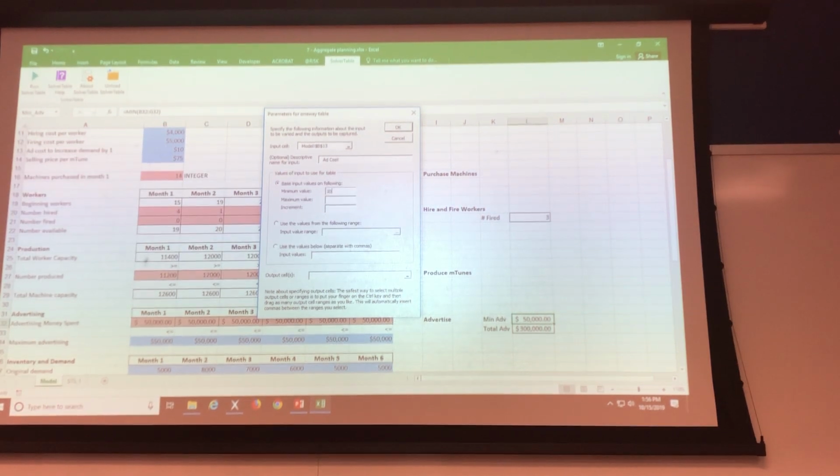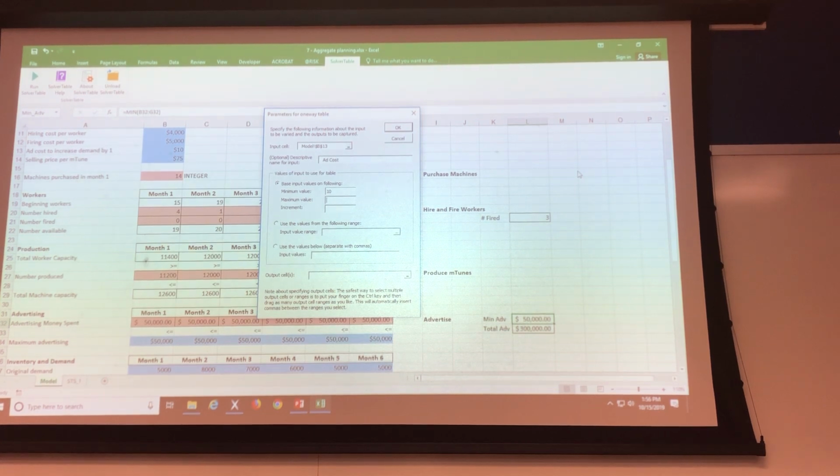We know we max out at 10, so we for sure don't need to go 9, 8, 7, 6. We would max out there too, so 10 is a good starting point. What's a logical stopping point? We sell them for 75, so we don't need to go up to 100. We would never pay more than we sell them for.